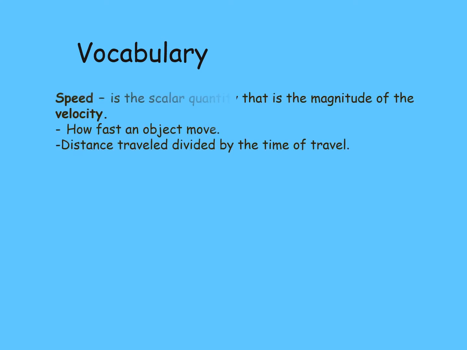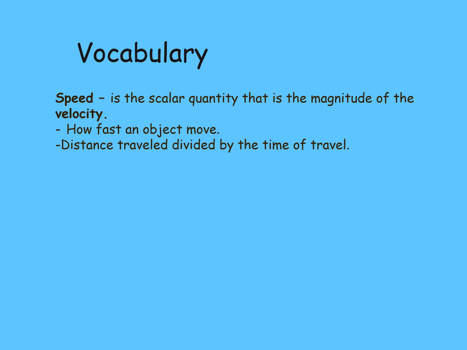Let us continue. Before we start calculating speed, distance, and velocity, we need to define first the three important words in the topic. The first word is speed.